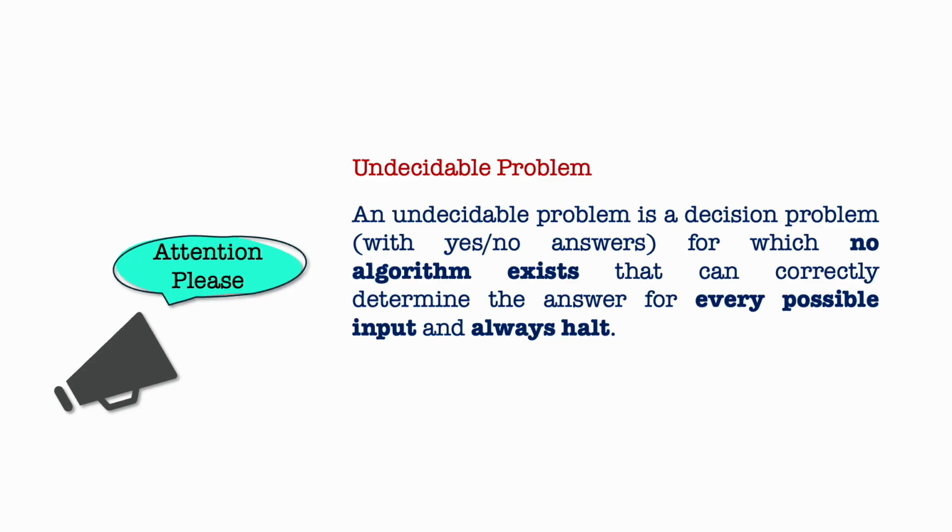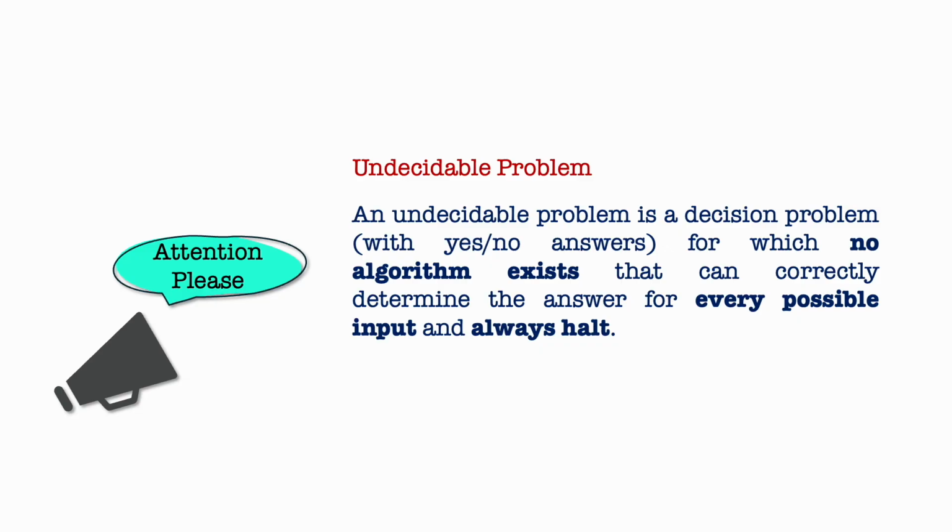To understand this, let's consider what happens when a problem is undecidable. An undecidable problem is a decision problem with yes/no answers, for which no algorithm exists that can correctly determine the answer for every possible input and always halt.